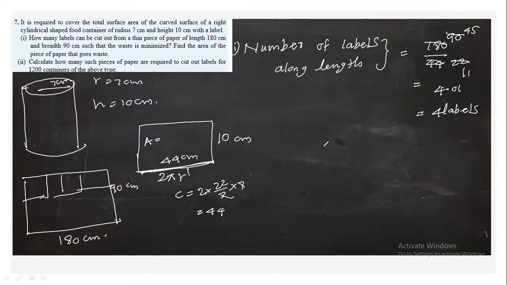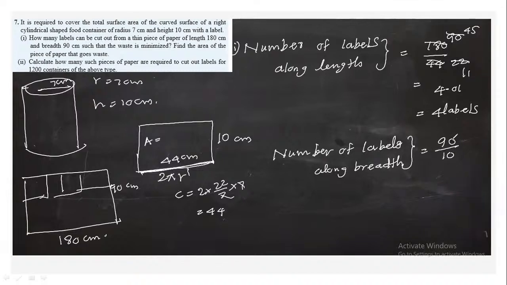Then number of labels along breadth: 90 divided by 10. That is 9.